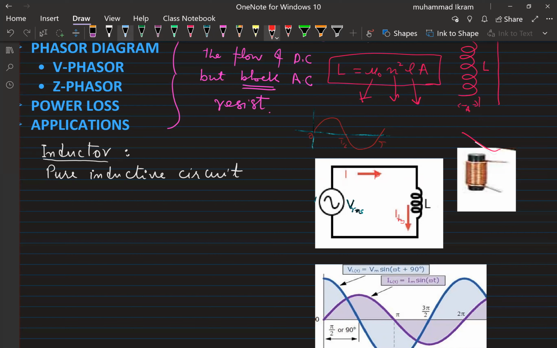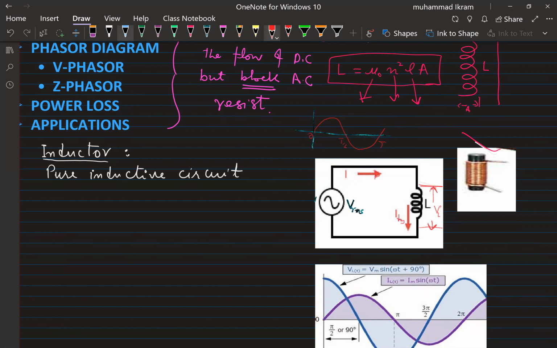Across the inductor, the voltage is this one. That is the potential drop, and I will label it as VL. This is the voltage drop across the inductor.